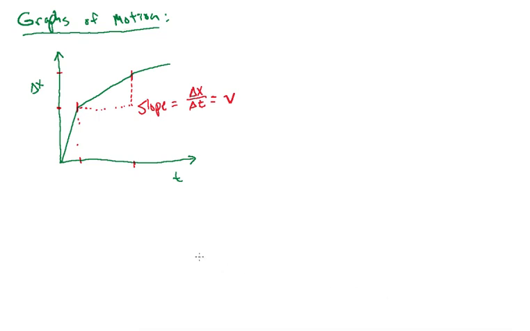This is not the only kind of graph we can do. We can also do a velocity versus time graph, where we put our velocity on the vertical axis and time on the horizontal axis, and we would have some sort of graph that goes along there.